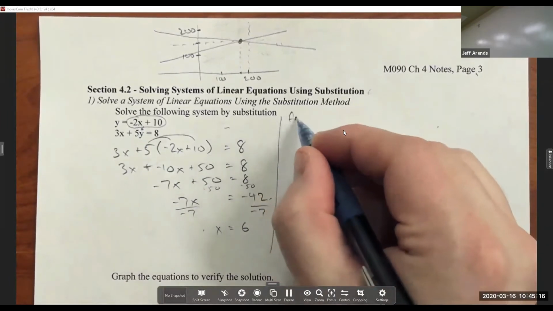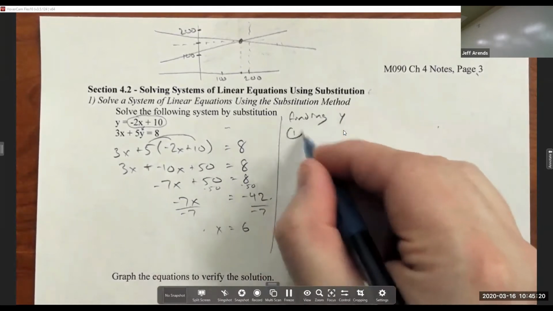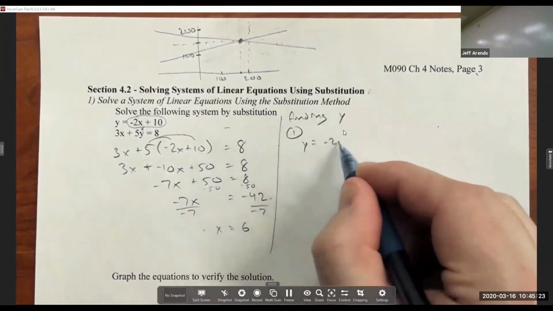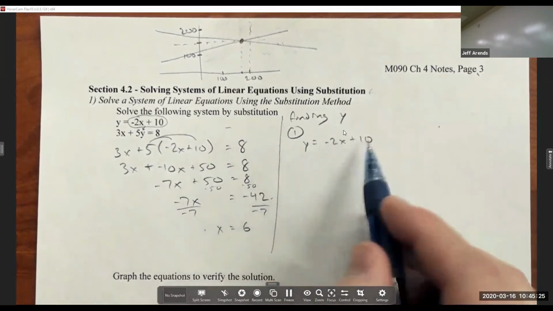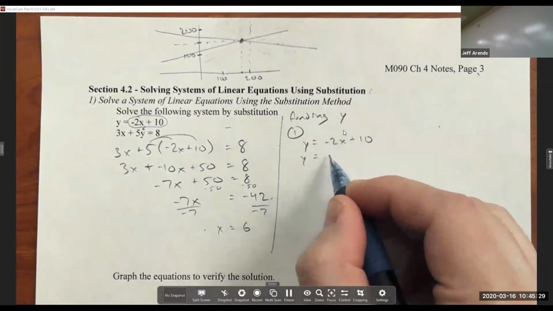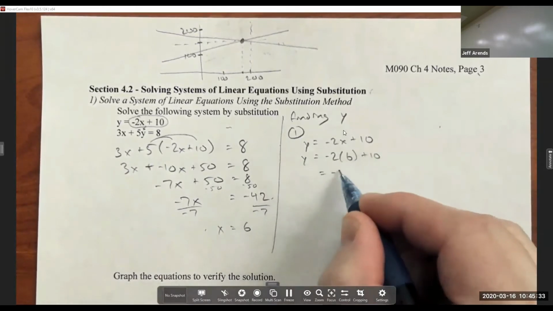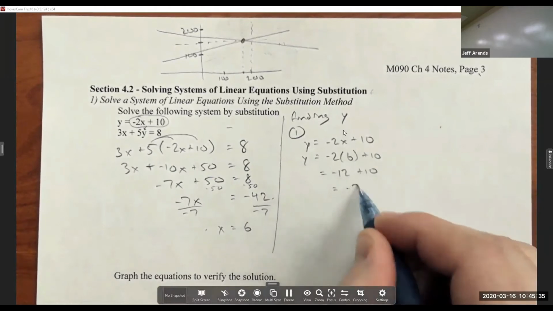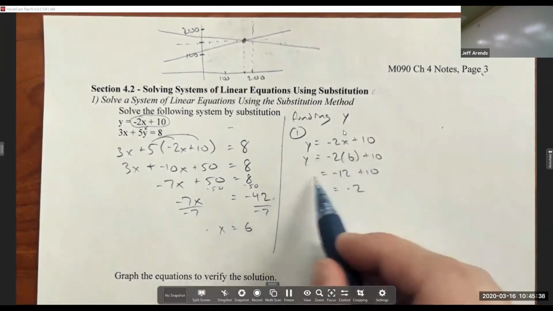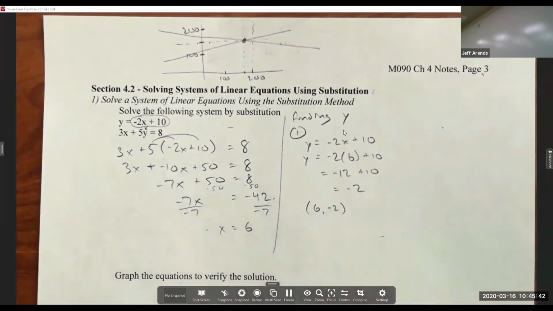So finding y with the first equation, y equals negative 2x plus 10. If x is equal to 6, then y equals negative 2 times 6 plus 10, which is negative 12 plus 10, which is negative 2. So y equals negative 2. This gives me the point 6, negative 2.